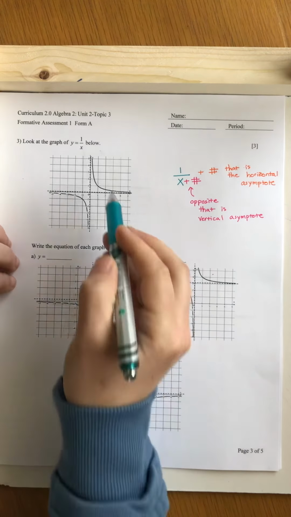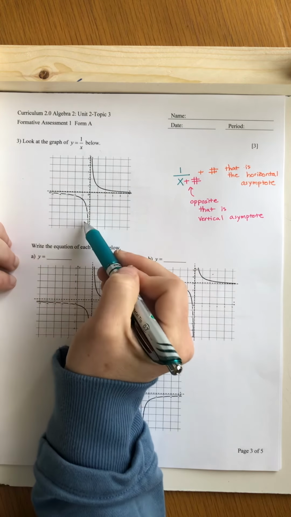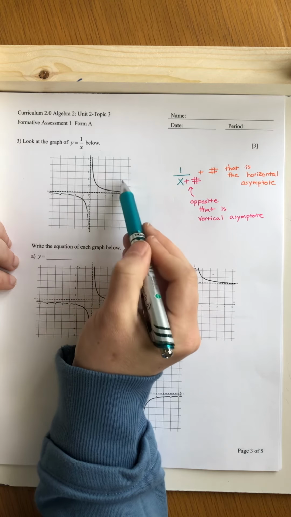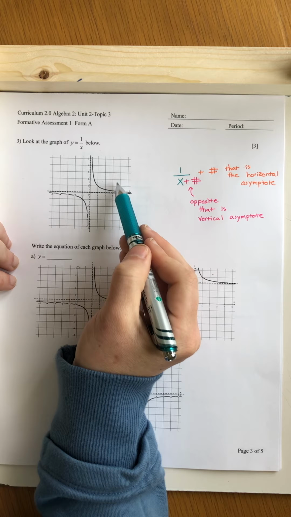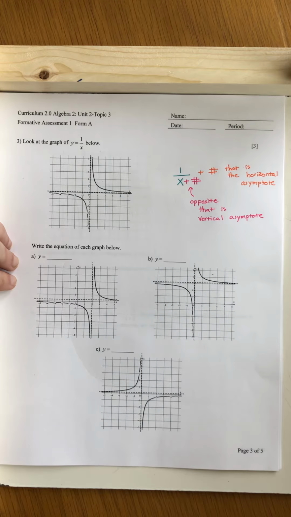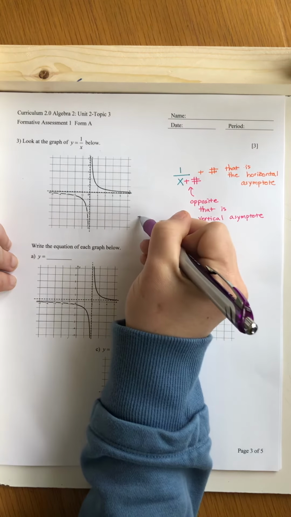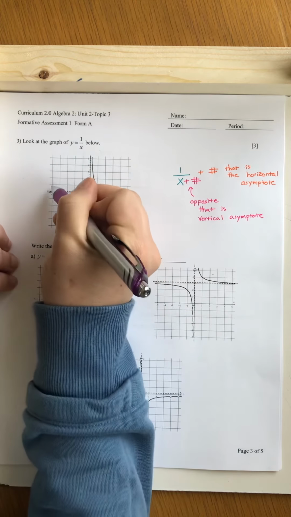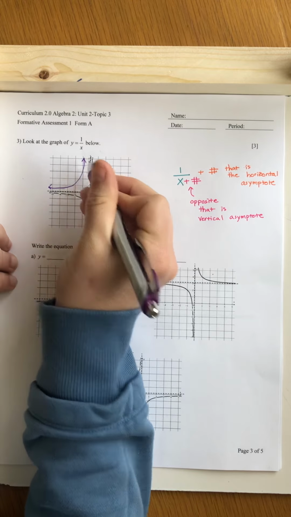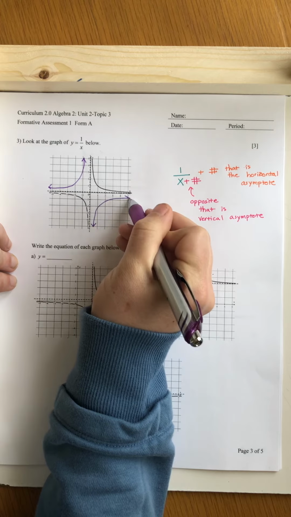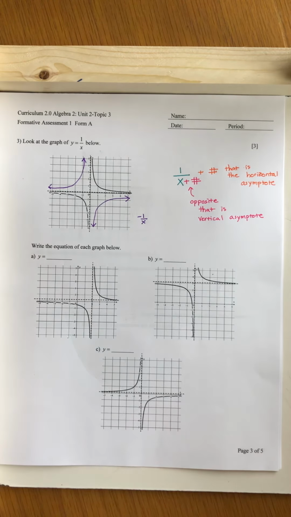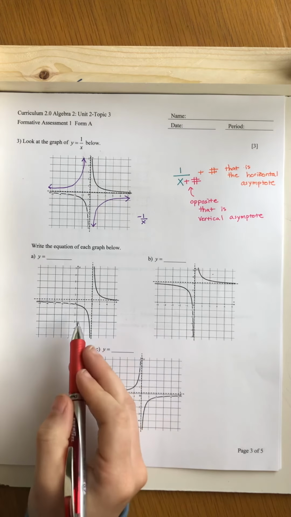And now 1 over x looks like this, right? It's in the positive first quadrant. If you're doing a negative 1 over x, it would be in the other two quadrants. It flips places. Okay? So we can use all that information to make the graphs below.